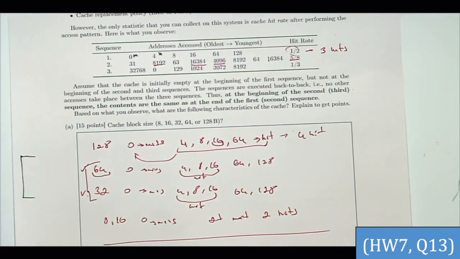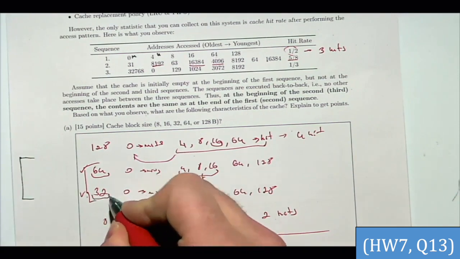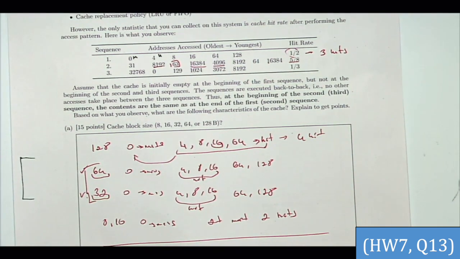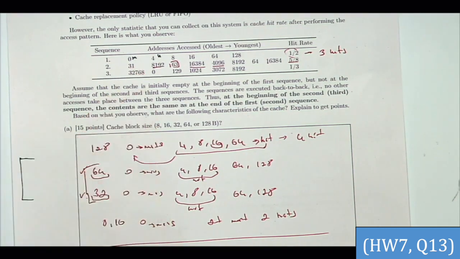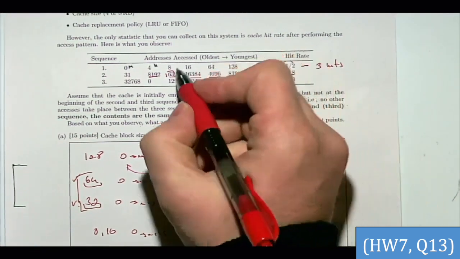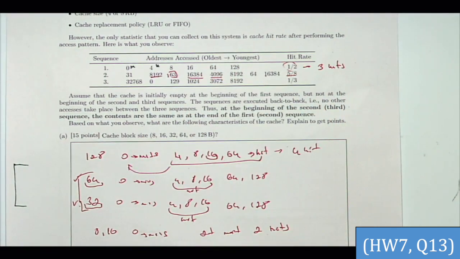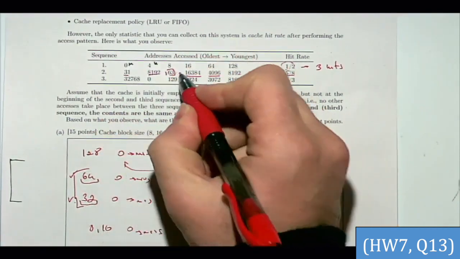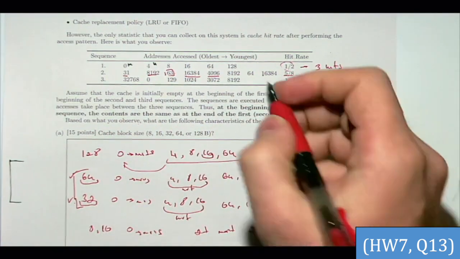Why? If this was 32, then 63 would be a miss because we don't access any address between 32 and 64. So in order for this to happen, our cache size needs to be 64 so that we will also have 63 as a hit, all right? So, okay, then 31 and 63 will be hits for us.